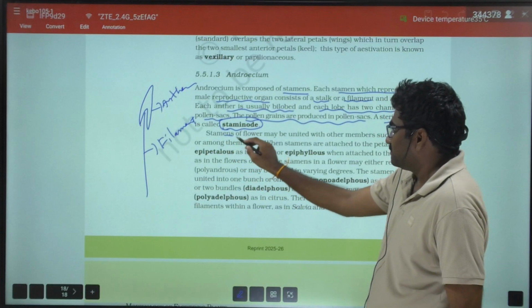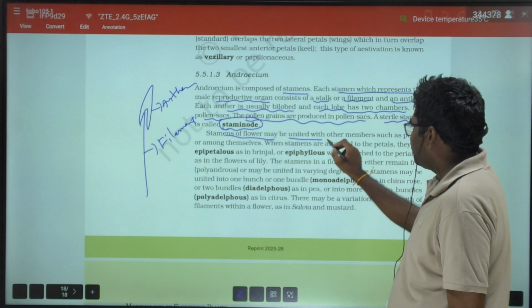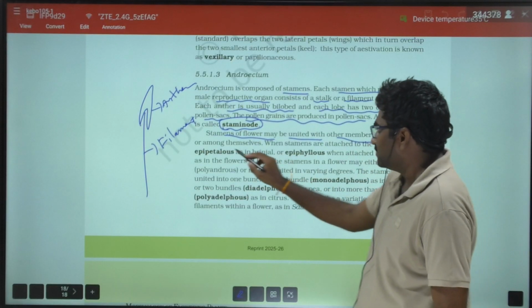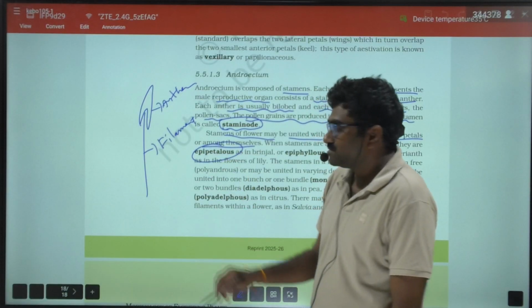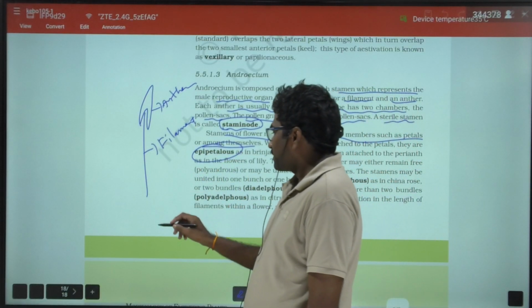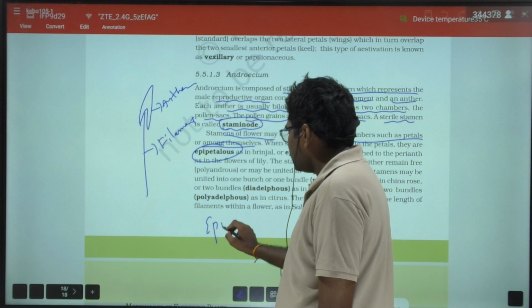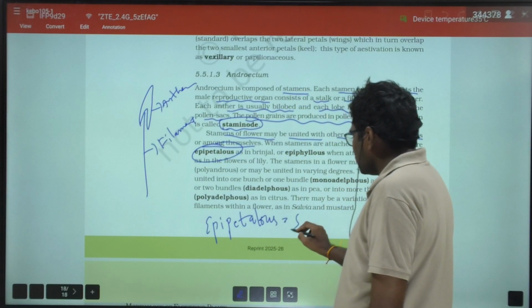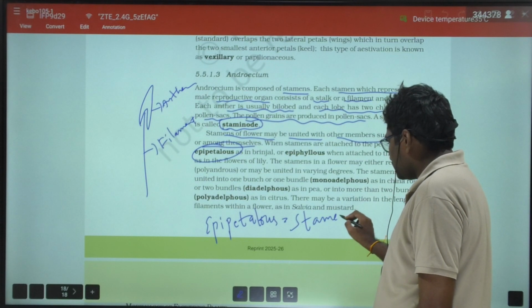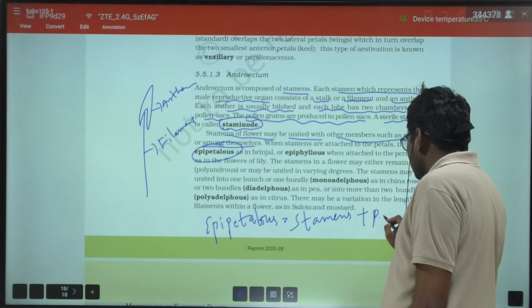So stamens of flowers may be united with other members such as petals or among themselves. Epipetalous means when stamens are attached to petals.